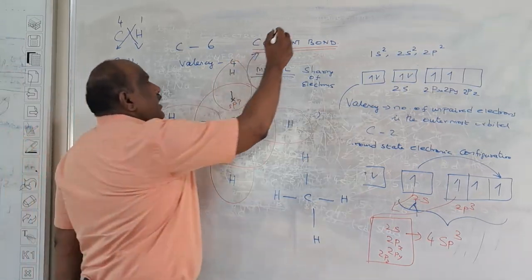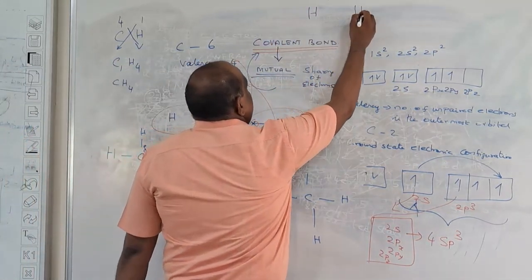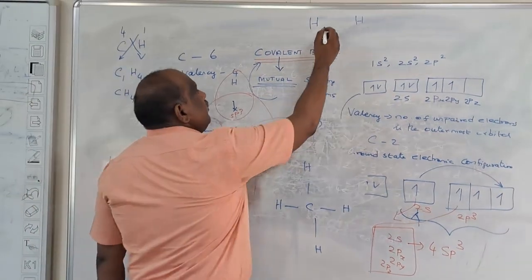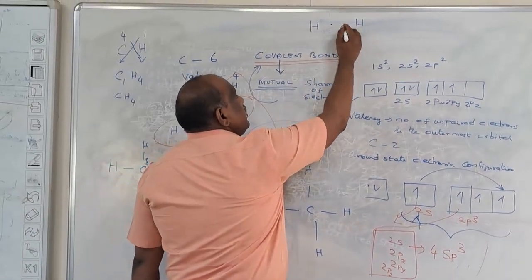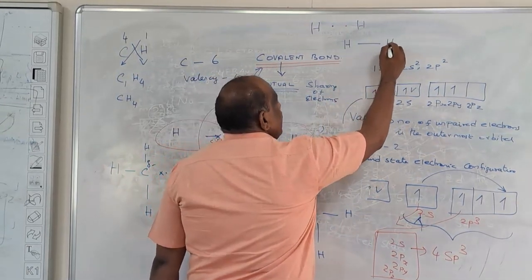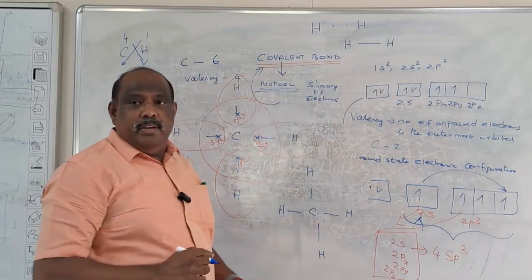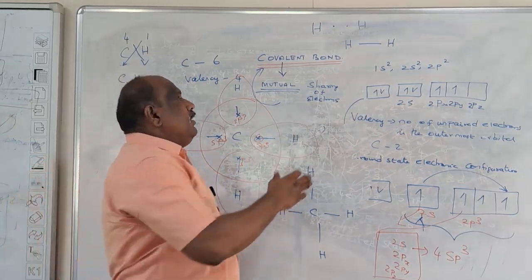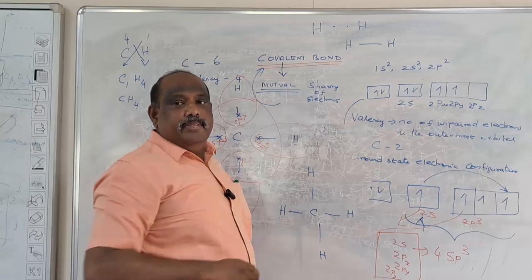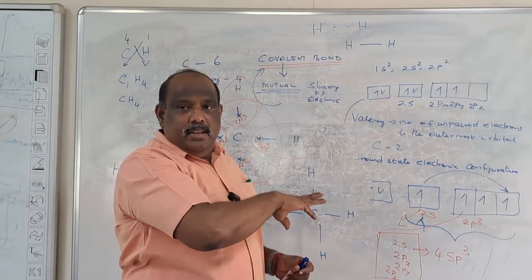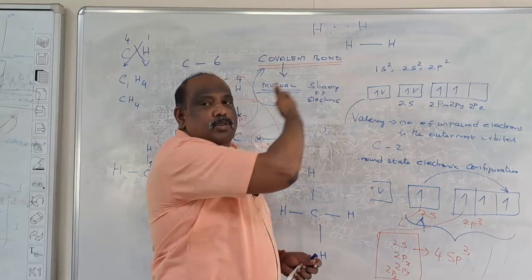Now let us take hydrogen and hydrogen. What is the atomic number of hydrogen? 1. What is the electron? 1 electron. This hydrogen also will give 1 electron. What is the bond formed between them now, ionic or covalent? Covalent bond. Now you tell me, will there be any ionic character here? Now there are 2 electrons. Both are hydrogen. Can one of the hydrogens pull it towards itself?